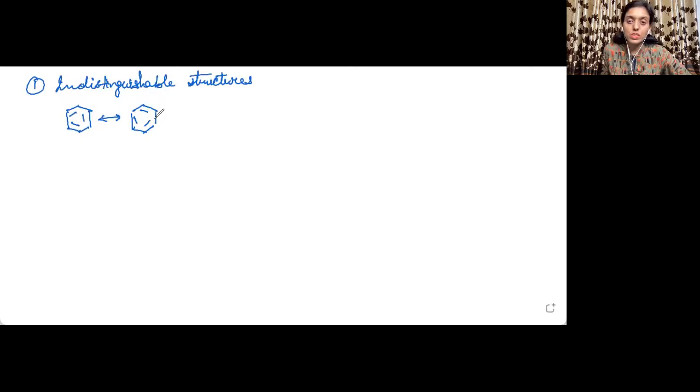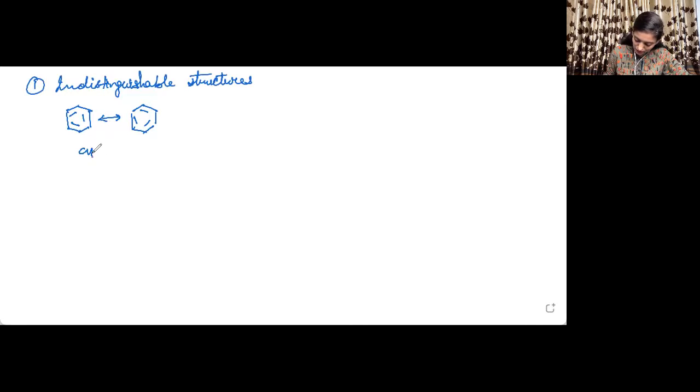Now, in these two structures, the number of carbon-carbon double bonds and the number of carbon-carbon single bonds, everything is the same, right? So these two structures will be making equal contribution towards the resonance hybrid.